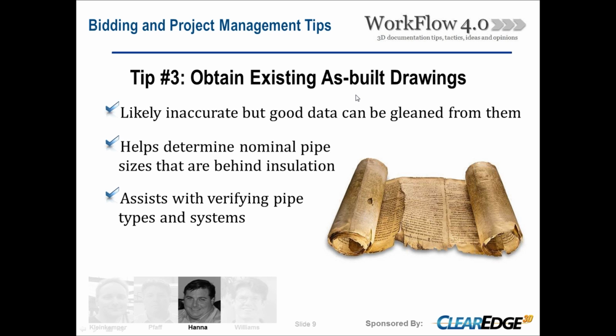So the record drawings help us determine what nominal size pipe is supposed to be there. Furthermore, it helps with verifying pipe types and mechanical systems, and this really comes down to the modeling side and the processing side. But it's good to have those with you when you tackle projects such as these.